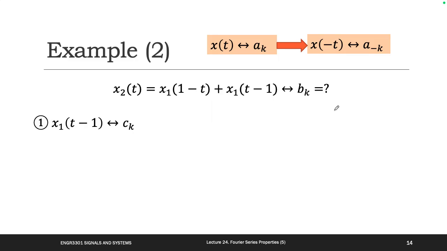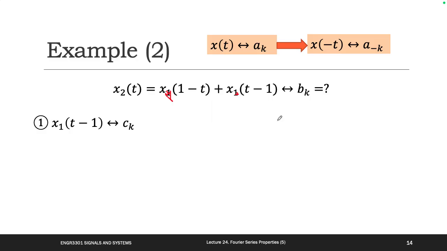And then for the x1(t - 1), the Fs coefficient. Actually, maybe you just ignore the one. Actually, this is just x(-1 - t) and this is x(t - 1). I think this will be right.